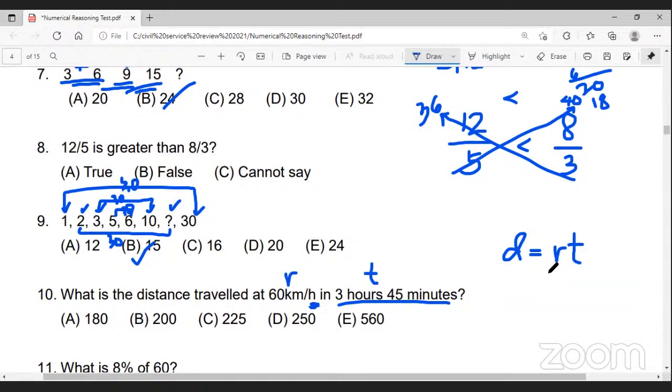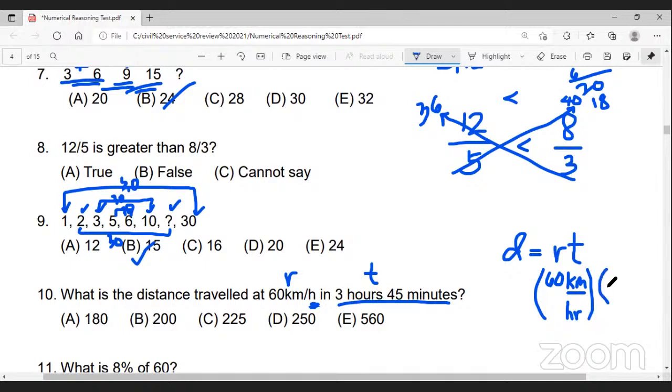So let's substitute 60 kilometers per hour, multiply it by, what's the decimal? What's the decimal of 3 hours and 45 minutes?